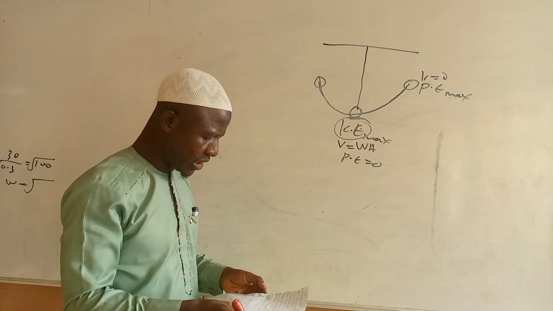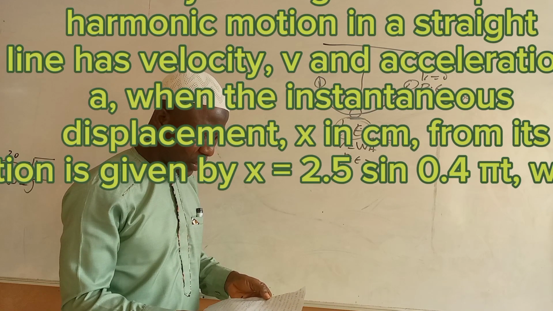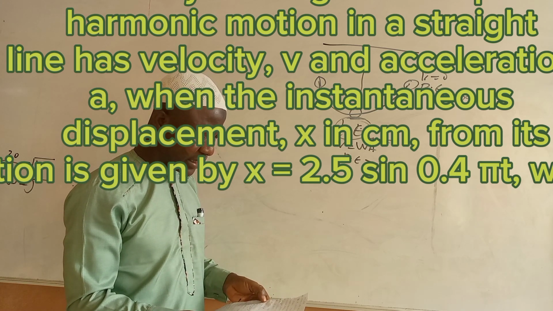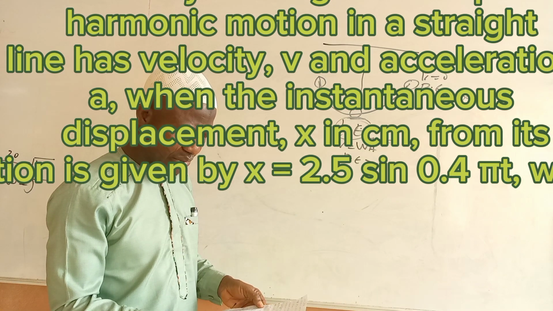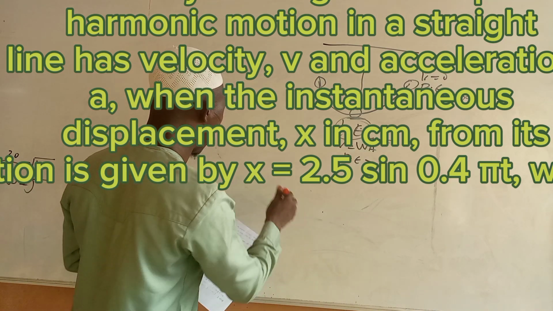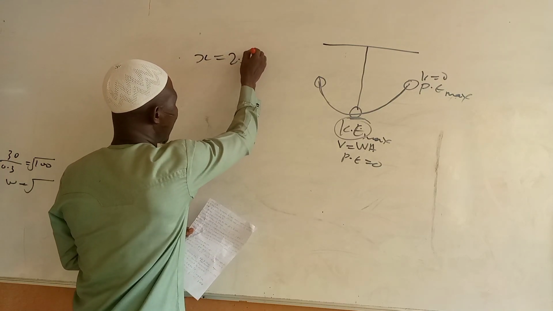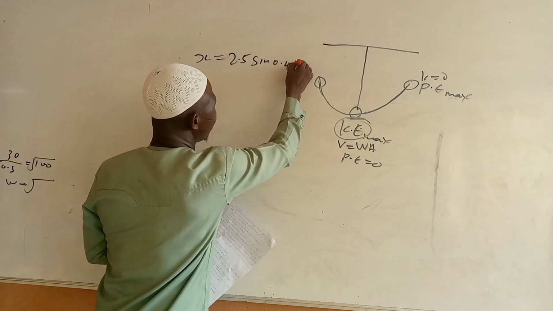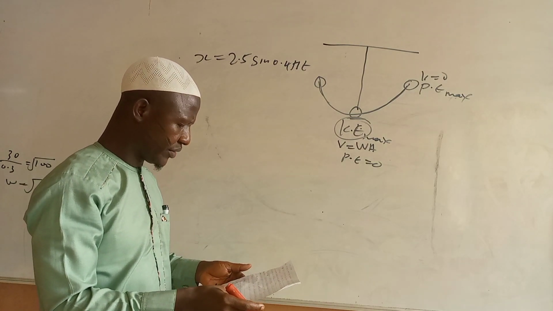Then the next question, question number 11b, says a body moving with simple harmonic motion in a straight line has velocity v and acceleration a when the instantaneous displacement x in centimeters from its mean position is given by x is equal to 2.5 sin 0.4 pi t, where t is in seconds.